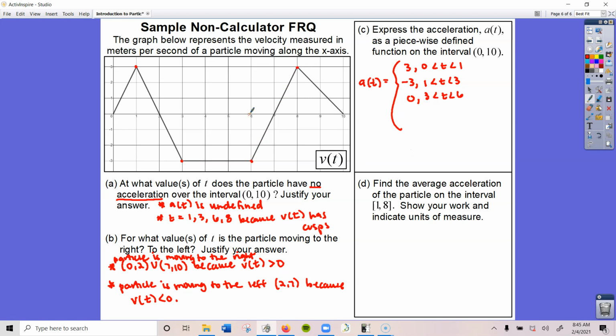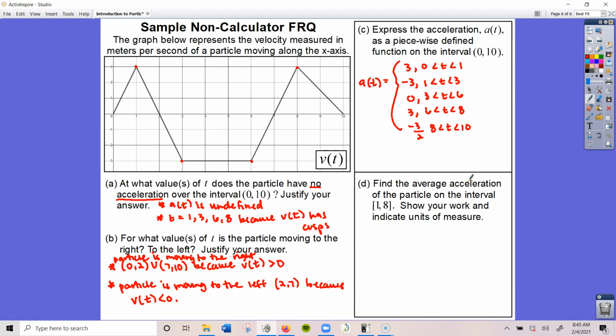Over here, my slope is 3 again, and that's on the interval 6 to 8. So 6 less than t less than 8. And on this last section here, my slope is -3 over 2. And that's on the interval from 8 is less than t is less than 10.